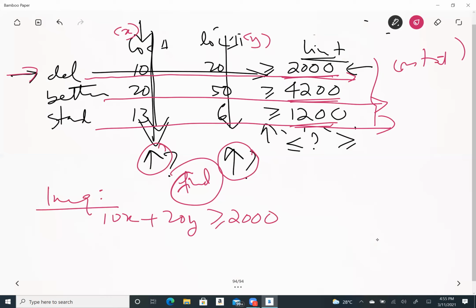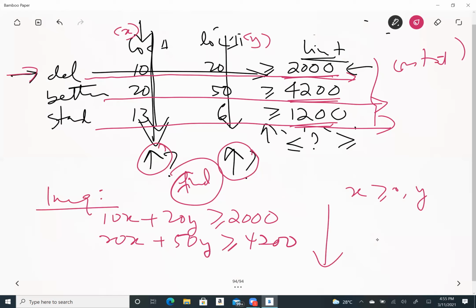And then the second one is of course 20x plus 50y bigger or equal to 4200. You finish it up. And of course we know that x bigger or equal to 0, y bigger or equal to 0. Good.